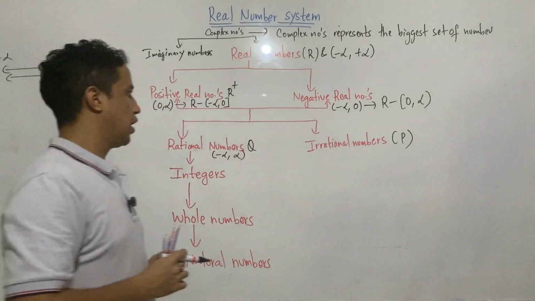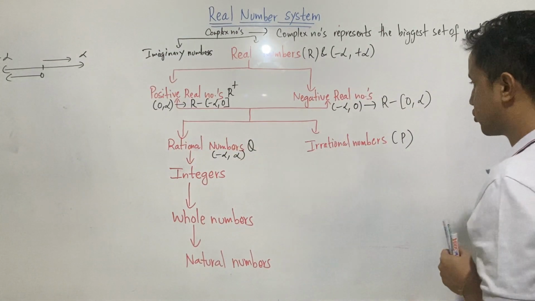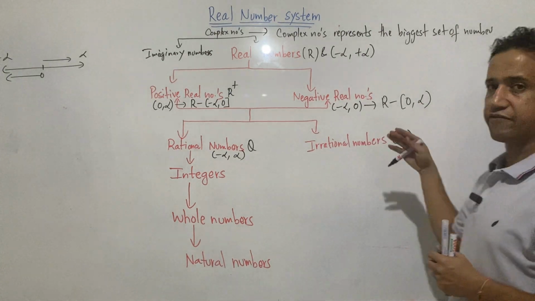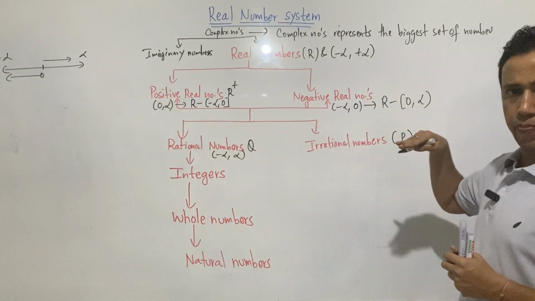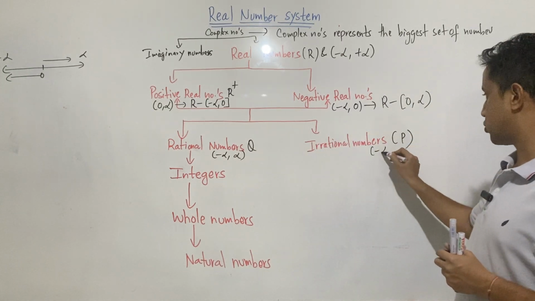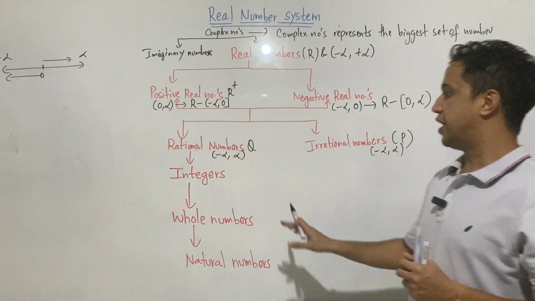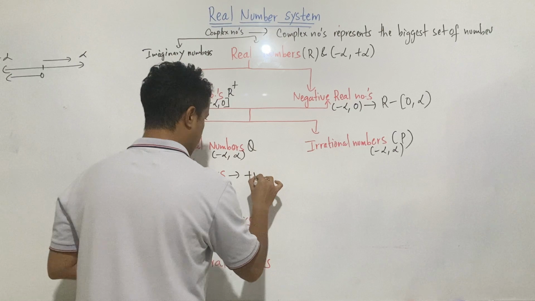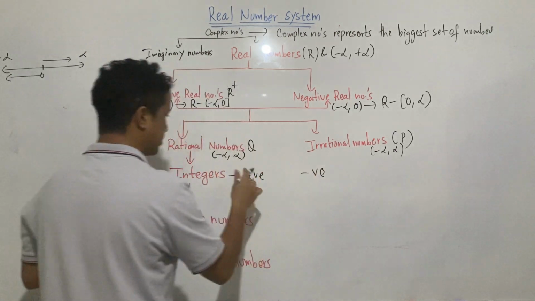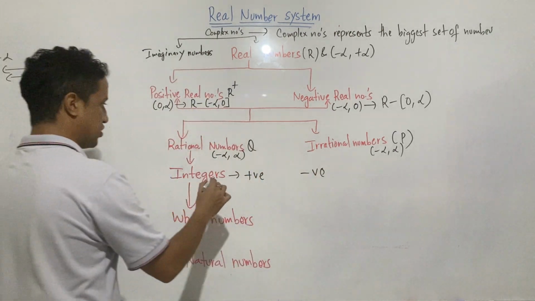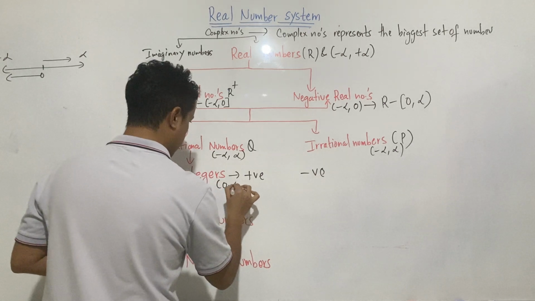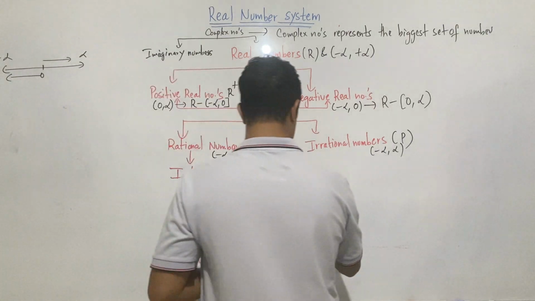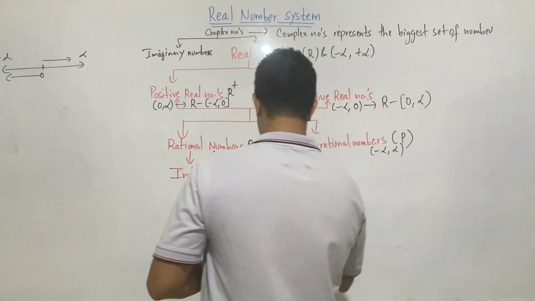And irrational numbers, because you can find them anywhere on the number line, their domain is not the issue here. Integers: now we have positive and we have negative. For positive integers, again 0 to infinity. Why? Because 0 is neither positive nor negative, and negative is minus infinity to 0.